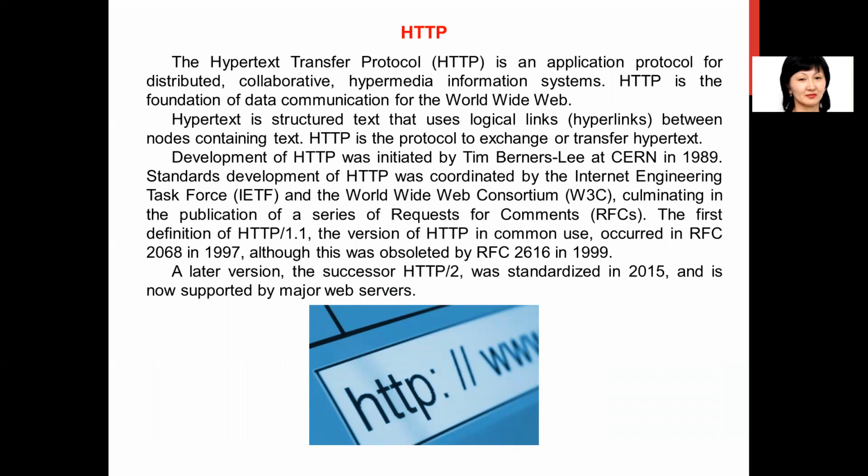Hypertext Transfer Protocol is an application protocol for distributed, collaborative hypermedia information systems. Hypertext is structured text that uses logical links, hyperlinks, between nodes containing text, and HTTP is a protocol to exchange or transfer hypertext.